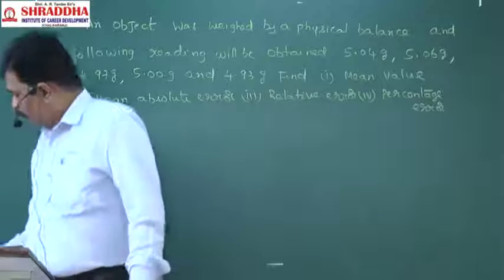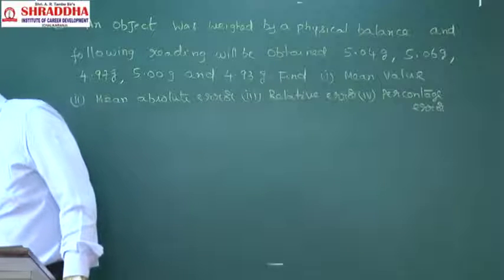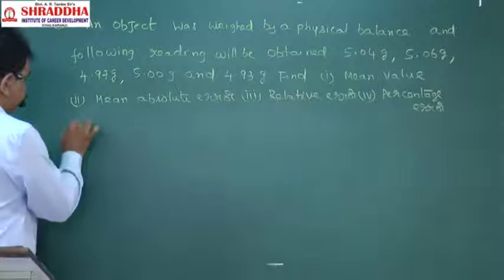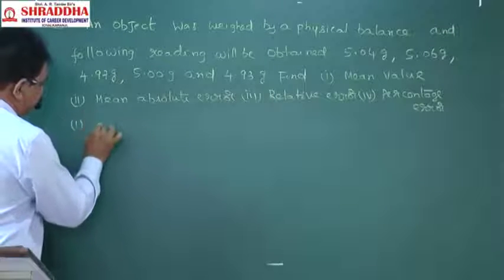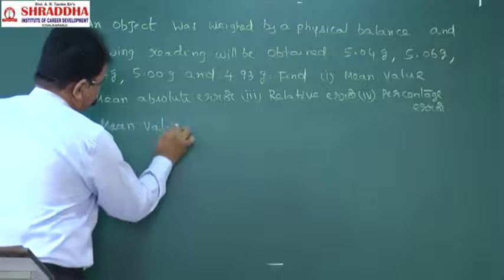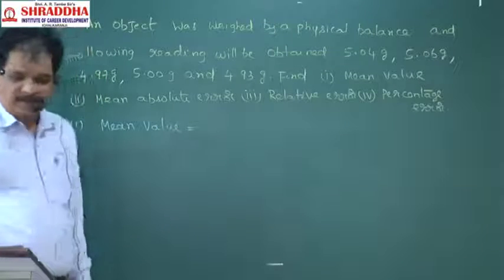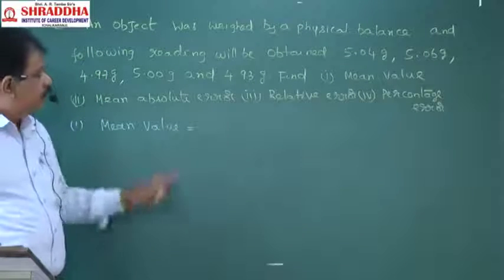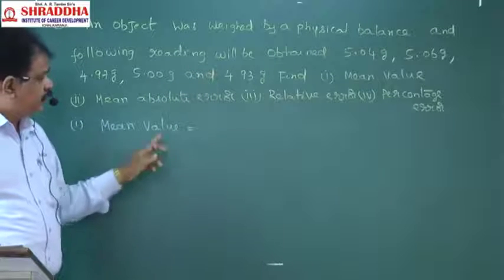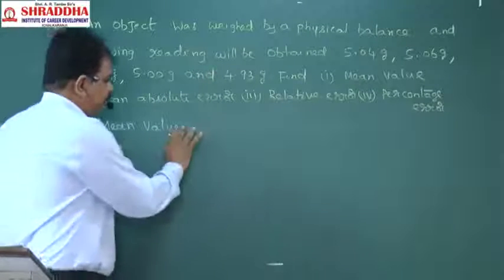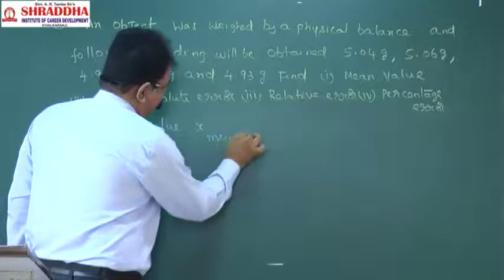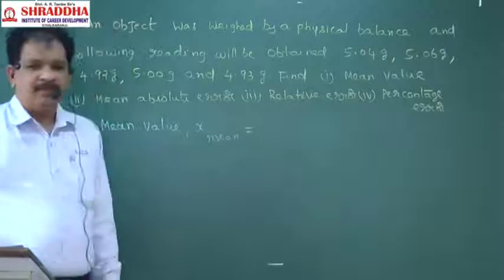Let us see. Initially, first we will find the mean value. Mean value means you take the average of those 5 readings, and that is called the mean value, represented by x mean.